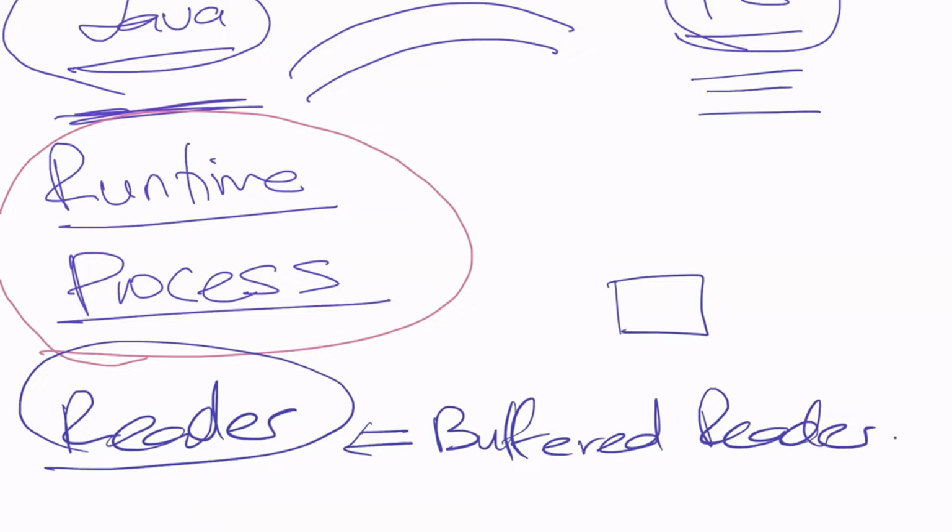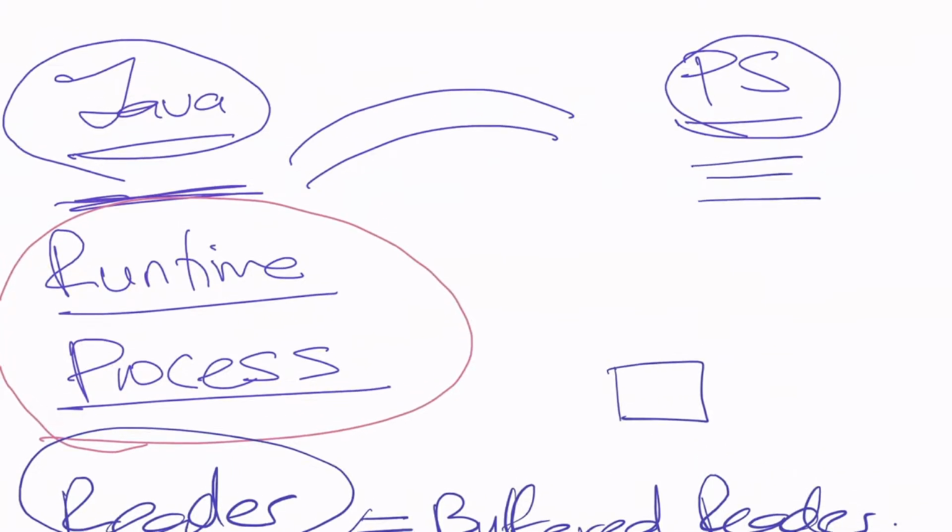How do we get there? That is going to be one of the objectives for this video. Now, this video is one of the key videos in bridging PowerShell and Java. So let's get into it.